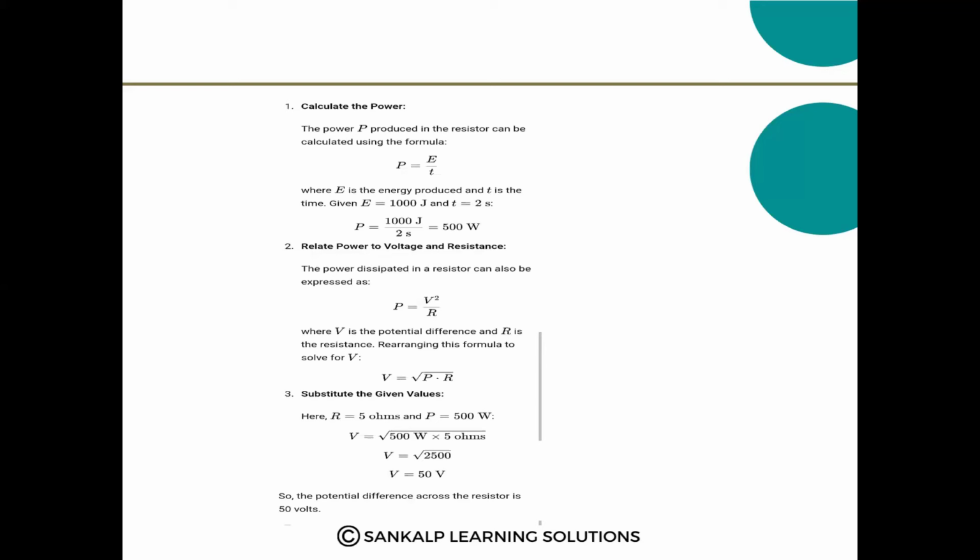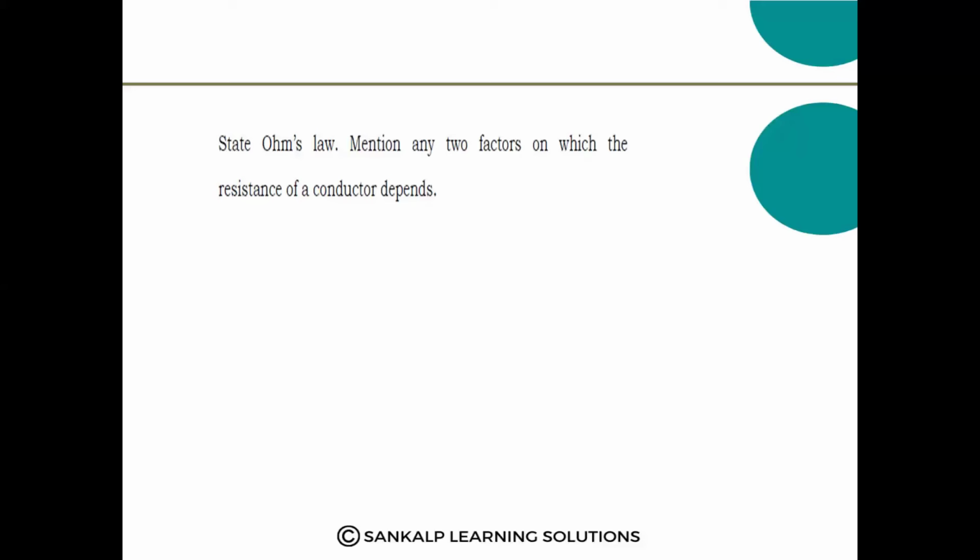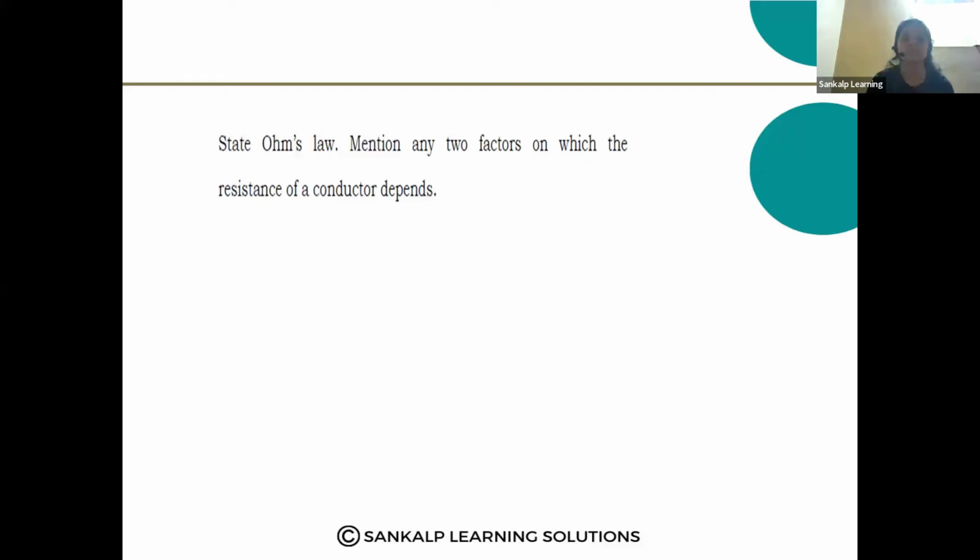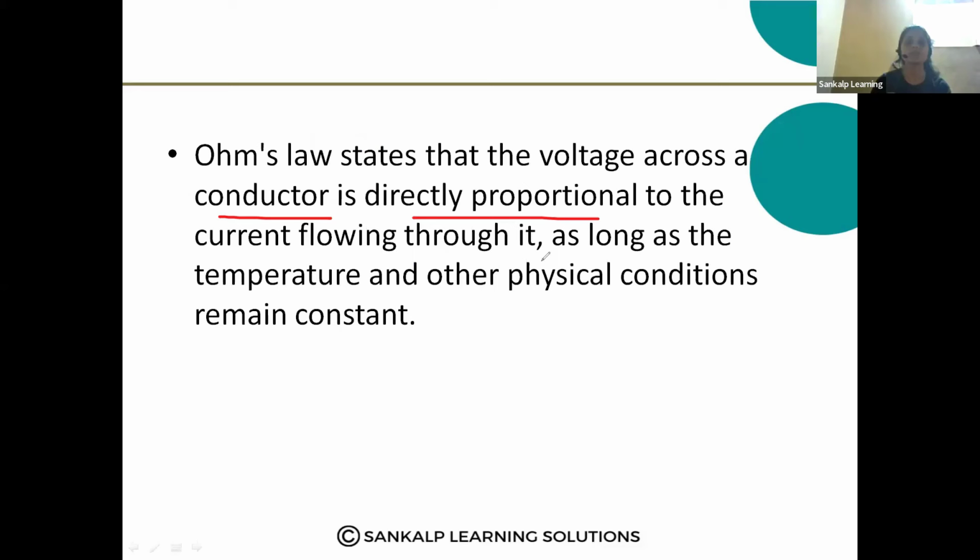Okay. Next, state Ohm's law. Mention any two factors on which the resistance of a conductor depends. So here you already asked what is Ohm's law. Ohm's law you have already studied. Based on that we derive the formula. Then what are the factors that affect the resistance of a conductor?